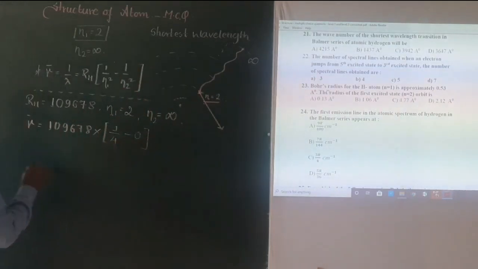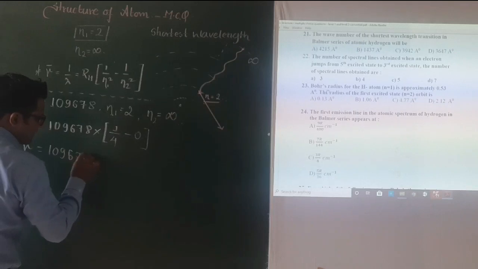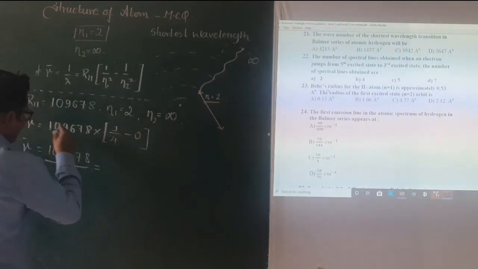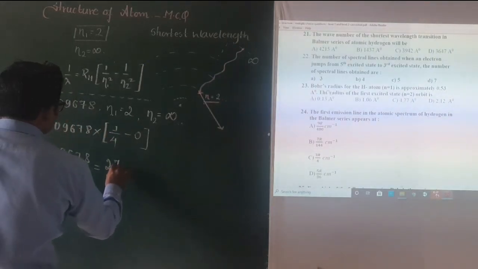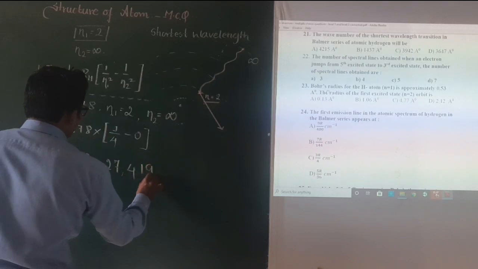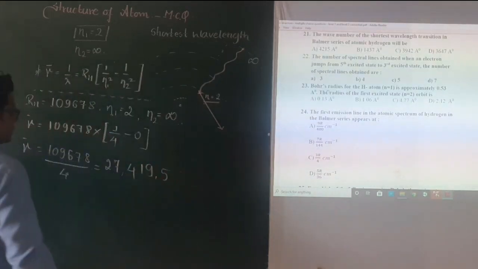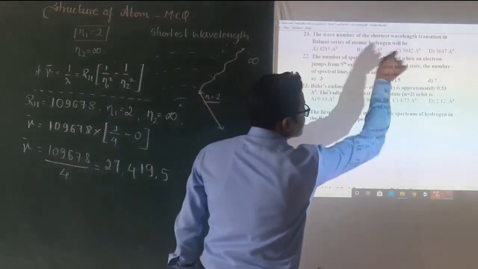So nu bar is equal to 109678 divided by 4. We will get 27419.5. But what they are expecting is the shortest wavelength.